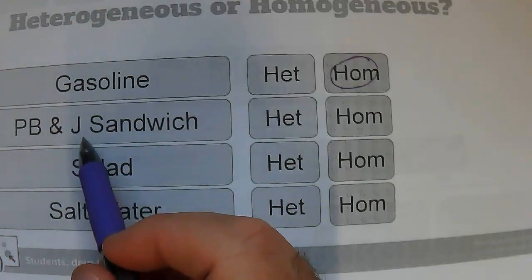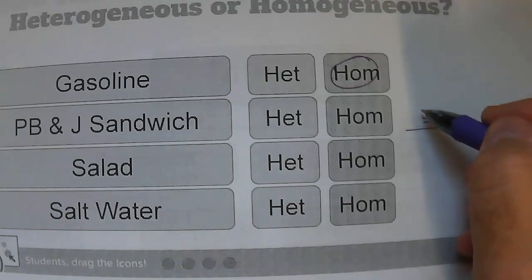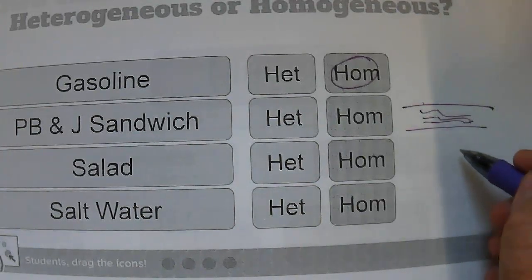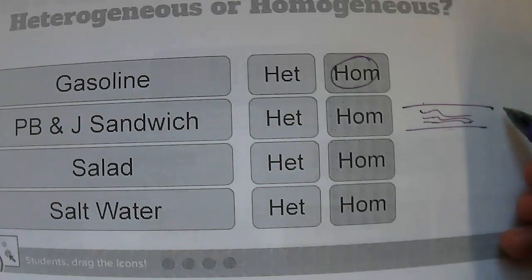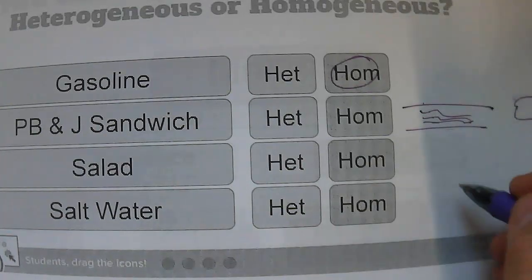Okay, peanut butter and jelly sandwich. You have bread, you have your peanut butter, you have your jelly, you have another layer of peanut butter, and then you have your bread. You can see the parts. Even if it's kind of mixed up, you can still see the bread separate from that. The bread itself has parts that you can see. It has the crust on the outside.